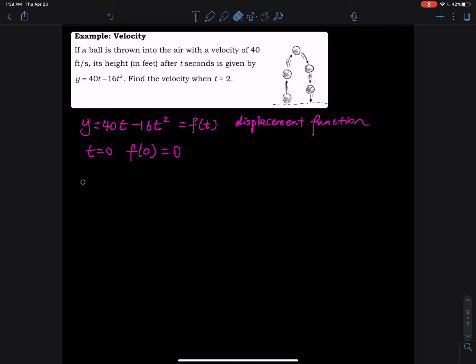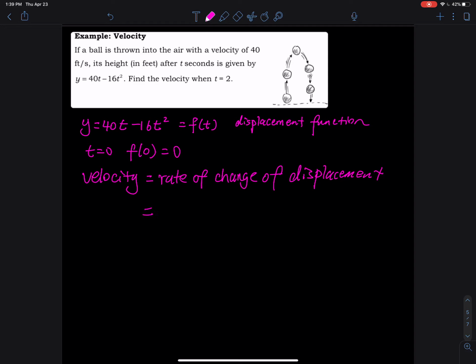Velocity is equal to the rate of change of displacement, which is equal to the derivative of displacement, which is y prime, or you can say f prime of t.